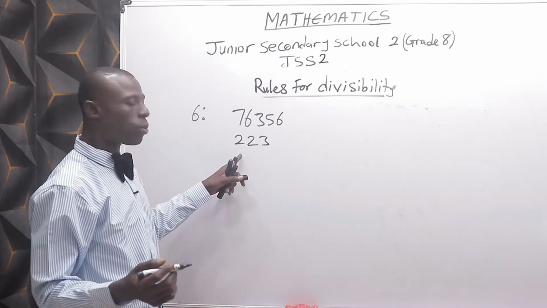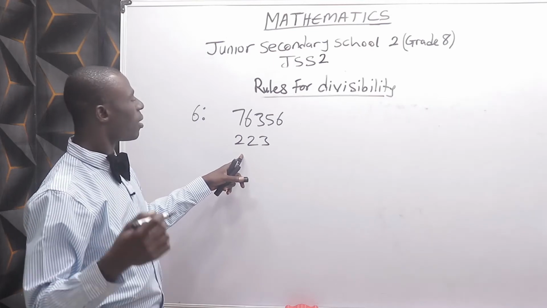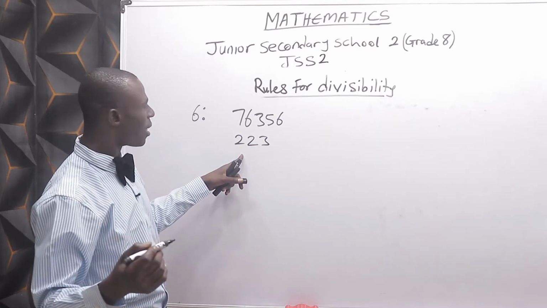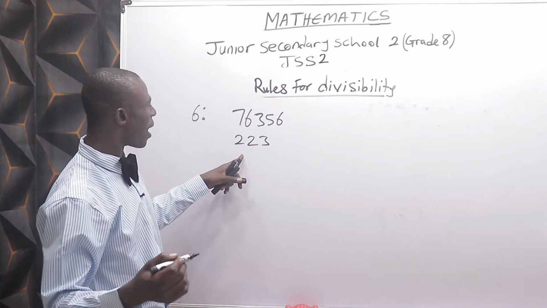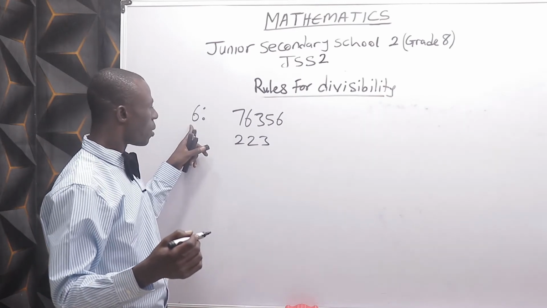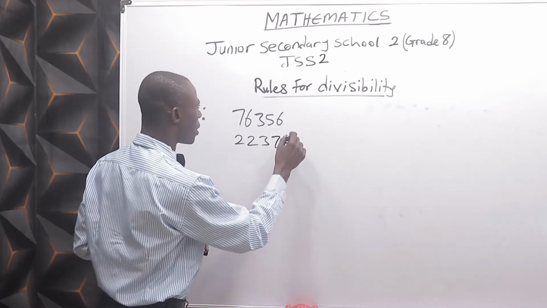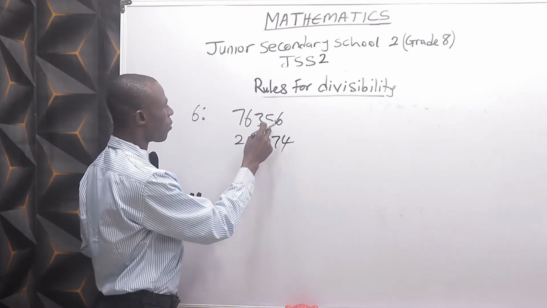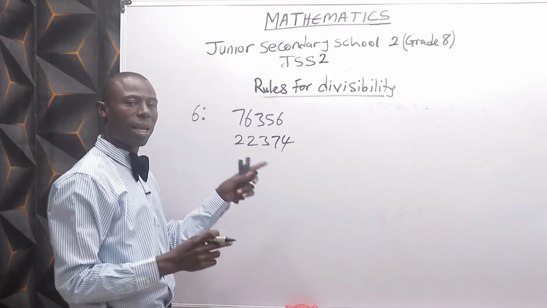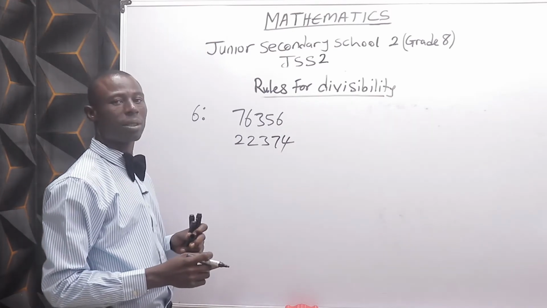Let's try another one. 223. Let's see whether this number is exactly divisible by 6. 223. Let's add 74 to it, so that it will be 5 digits, like the first one.